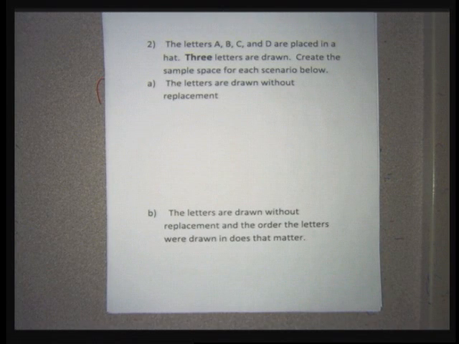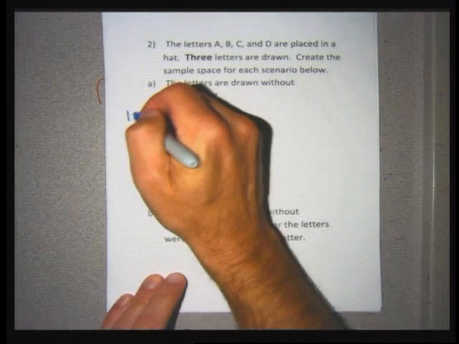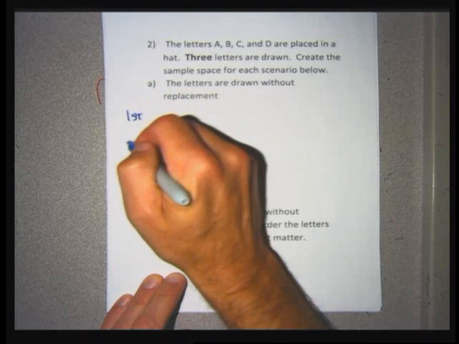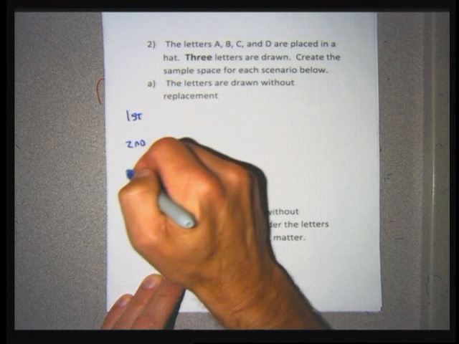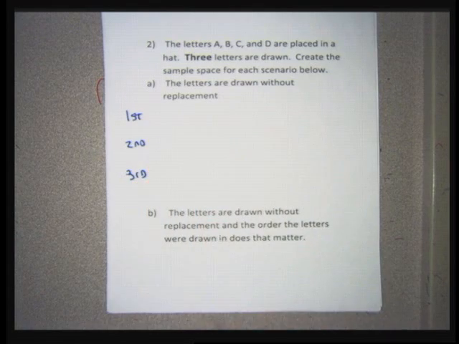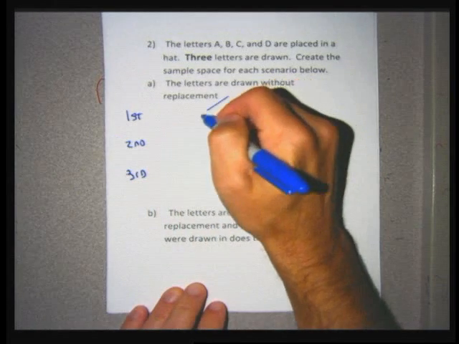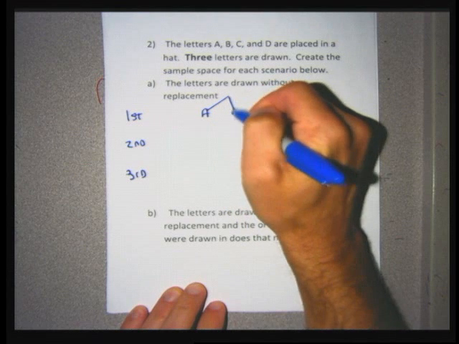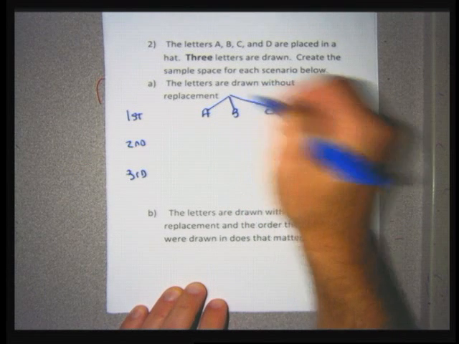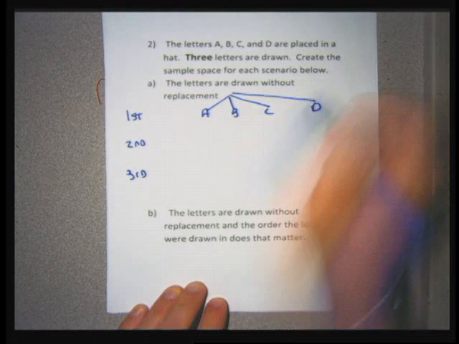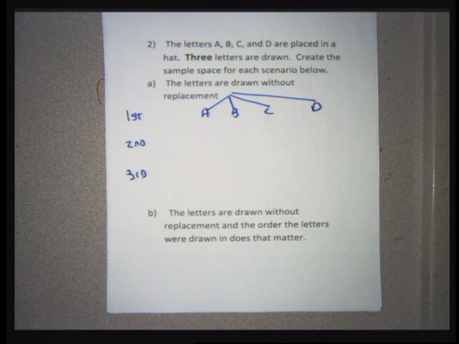So I'm going to draw 3 letters. So I'm going to have a first letter, a second, and a third. And I'm going to create my sample space. So my first letter can be A, B, C, or D. My second letter, once I use a letter, I'm not replacing it.